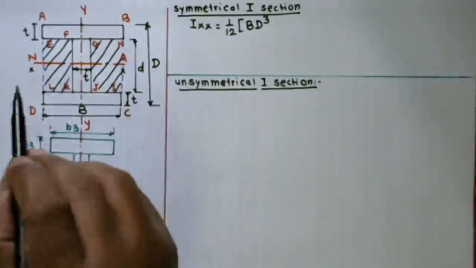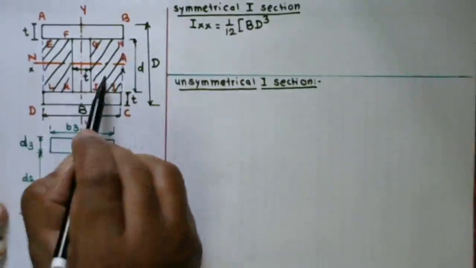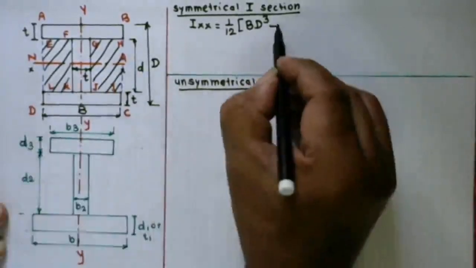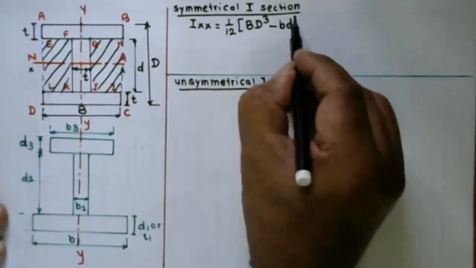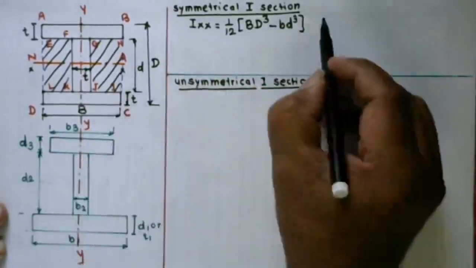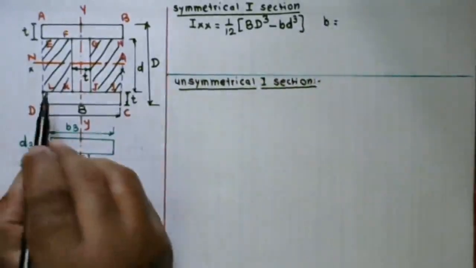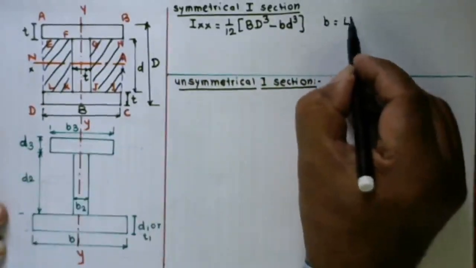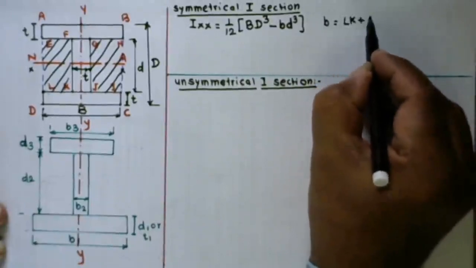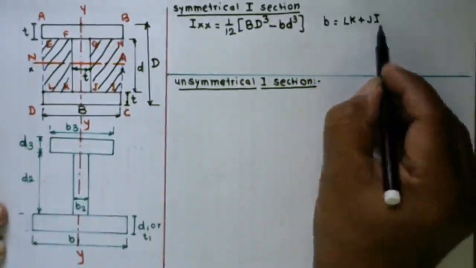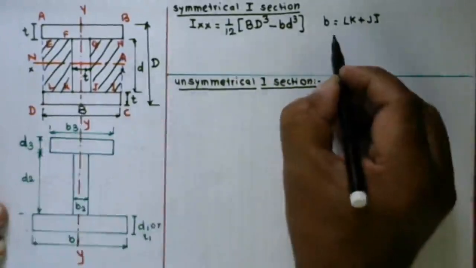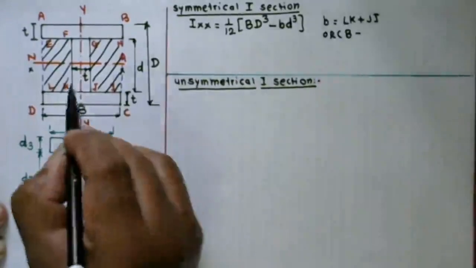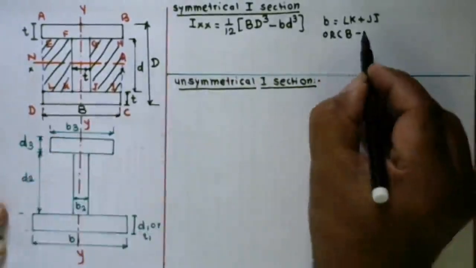So 1 by 12 BD cube, minus the shaded rectangle, that is minus small b d cube. Small b here is LK plus JI, or you may write it as capital B minus small t.